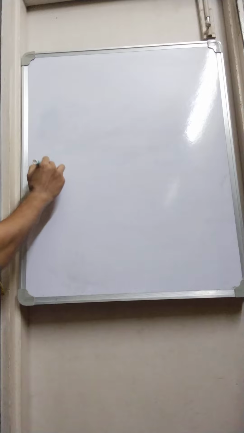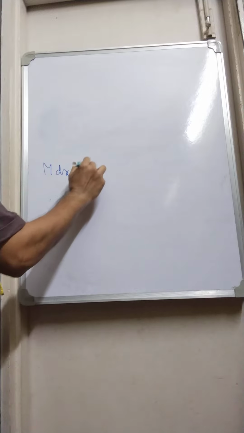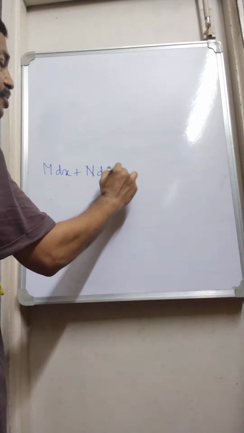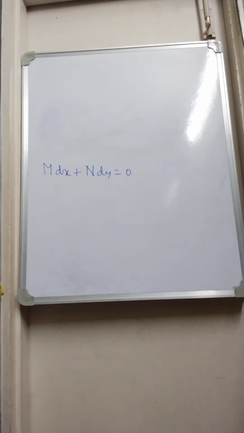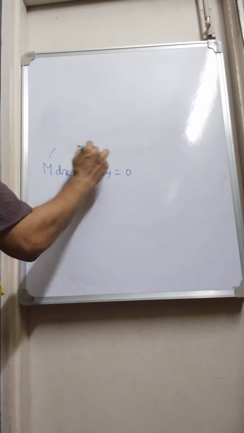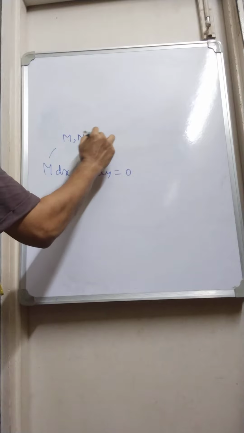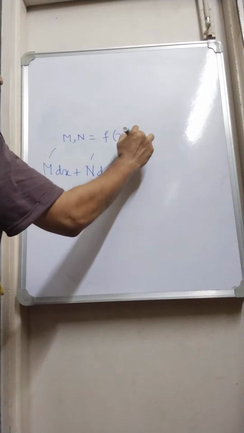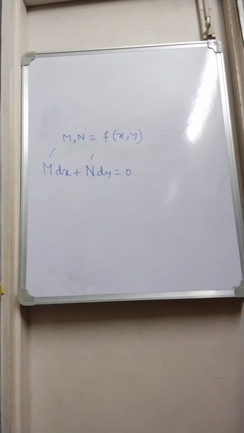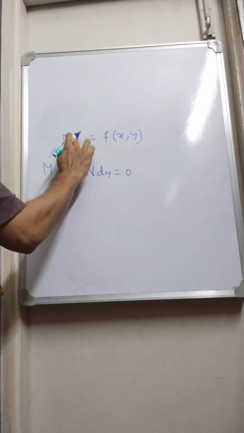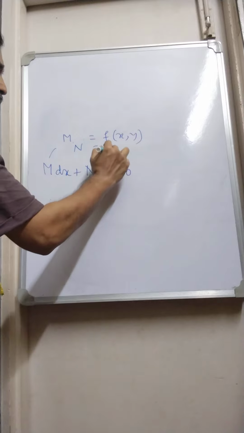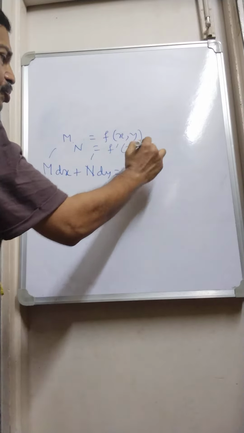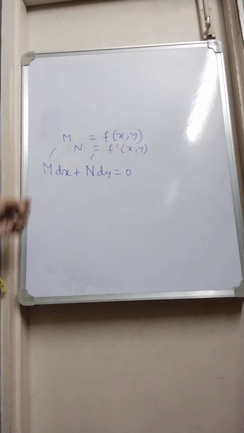Okay, and we can take that general form to be M dx plus N dy equal to 0, where we say that M and N both are functions of x and y both. Obviously they are not the same function. If we denote M to be f(x, y), they may be same or may not be same. For the sake of generalization, we should write like this, that M is some function of x and y both, and N is some other function.